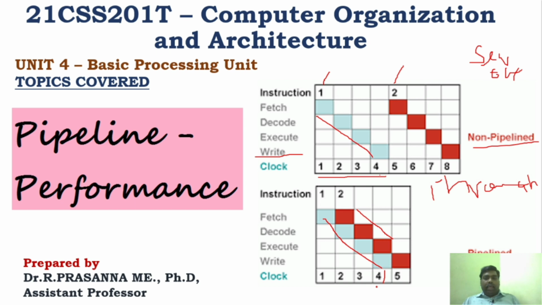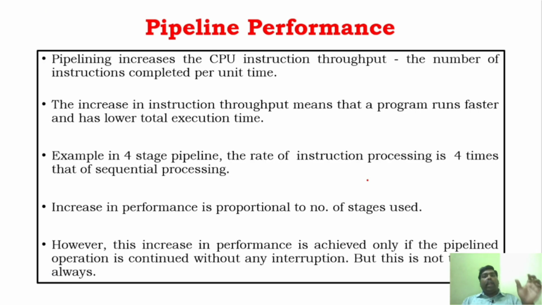That is the main performance benefit of pipelining. We go for pipelining to improve the throughput, to increase the rate of operation. The number of instructions executed per unit time will be more, and the time taken to execute a list of instructions will be much less if you use pipelining.